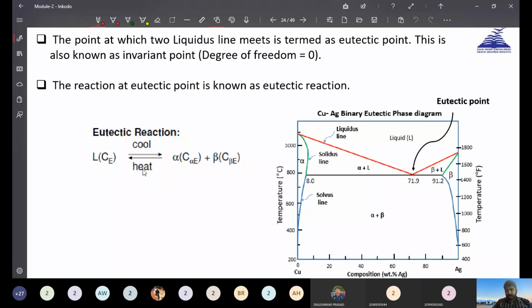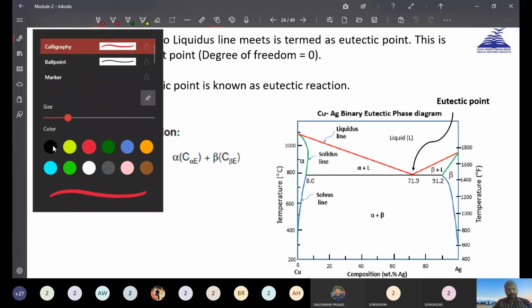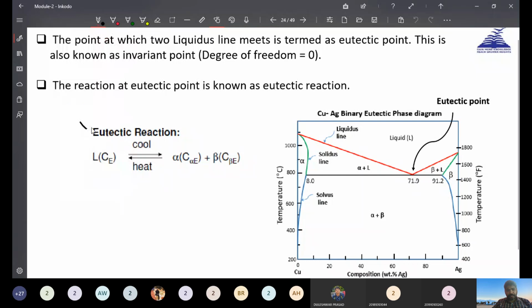At this eutectic point, one liquid phase is changing into two solid phases, correct? So we know that at the eutectic point, one liquid is changing into two solid phases.